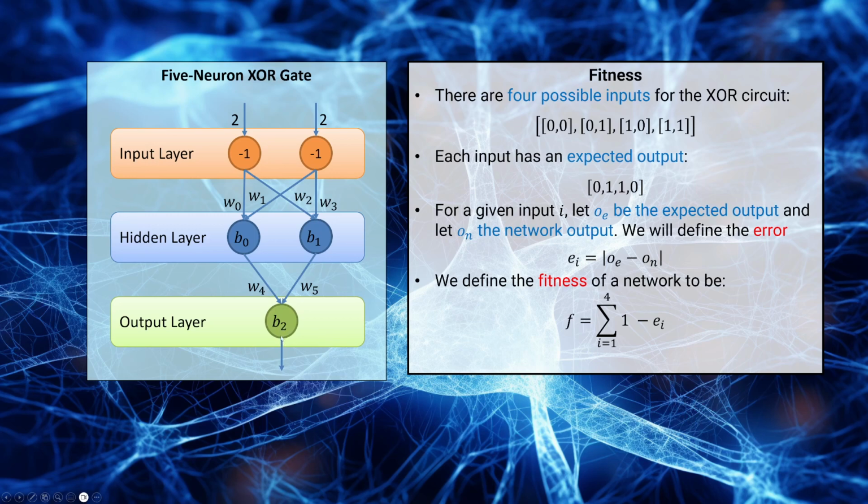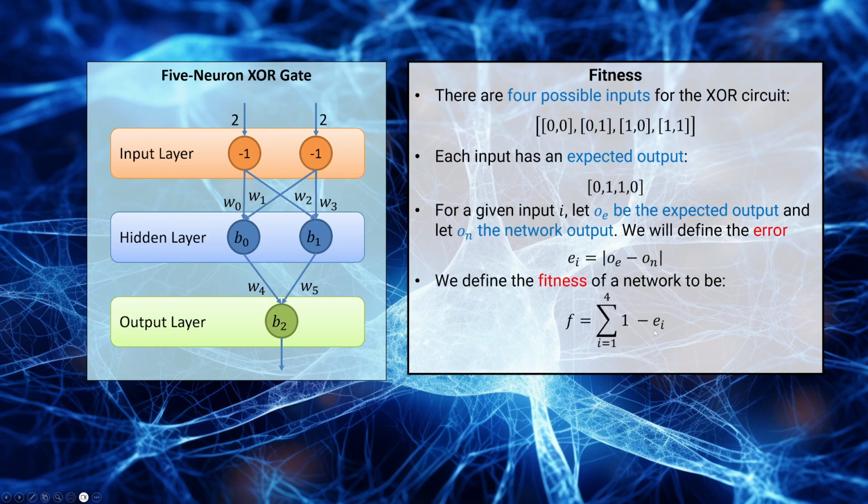So if what comes out here is 0.98 and what we were expecting was a 1, then we're going to define the error to be the absolute value of the difference between those 2, so we get how different they are. And we're going to define the fitness of our network to be, well, there are 4 inputs, so I'm going to do this once for each of the inputs: we take 1 and we minus off our error.